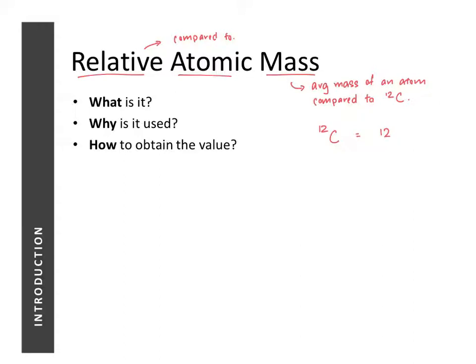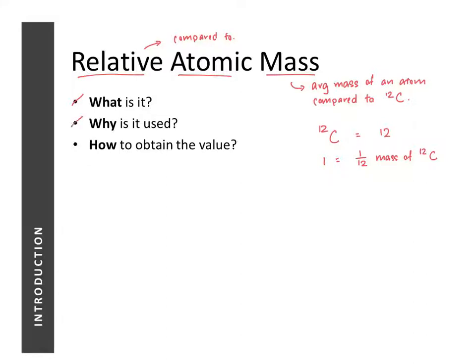Since the carbon-12 atom has a mass of 12 units, 1 unit is equivalent to 1/12 the mass of a carbon-12 atom. So relative atomic mass is the average mass of an atom of the element compared to 1/12 the mass of a carbon-12 atom. If you didn't manage to catch the definition, don't worry, it will appear in the next slide. We have already mentioned: relative atomic mass is the average mass of an atom compared to a carbon-12 atom.